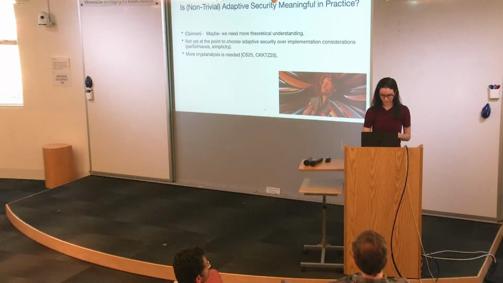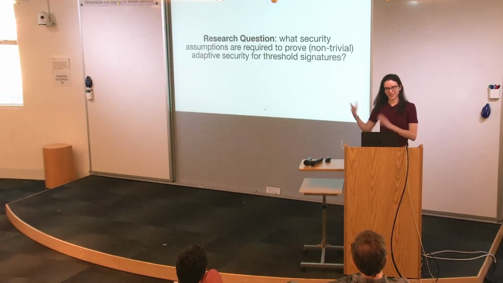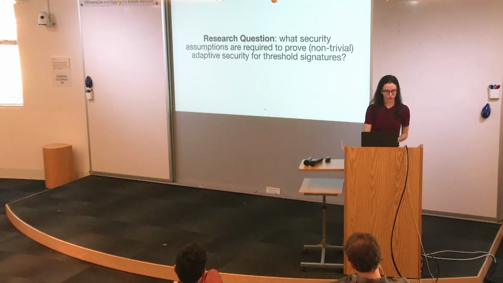That's trivial, for example. Yes, exactly. So the question is, are there meaningful, non-trivial examples? Yes, exactly. That's a research question we're interested in asking, and especially what security assumptions are also required.